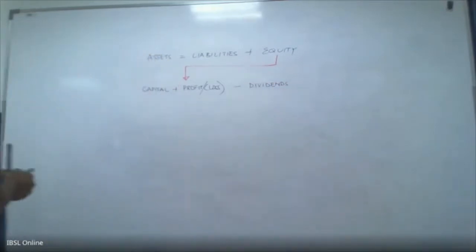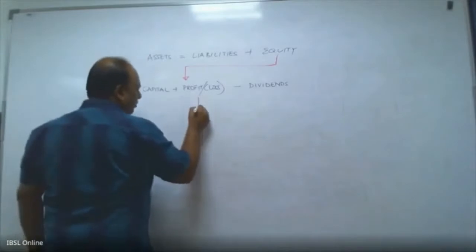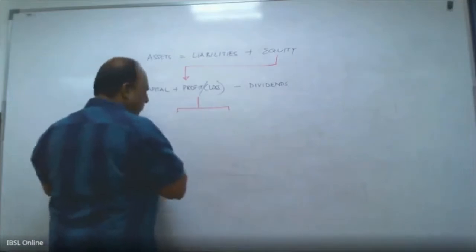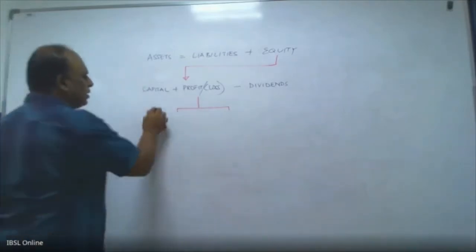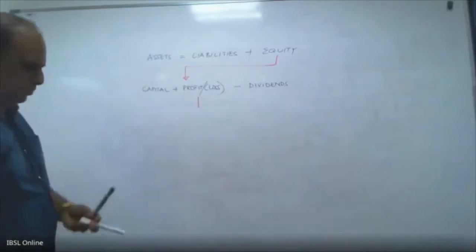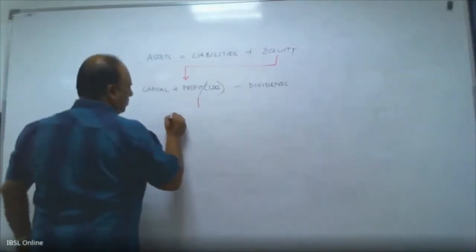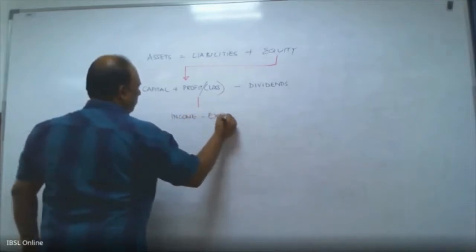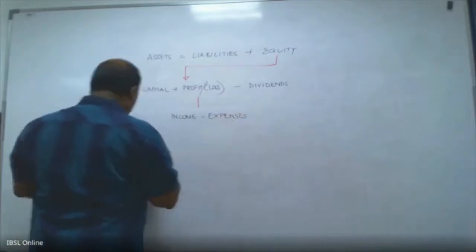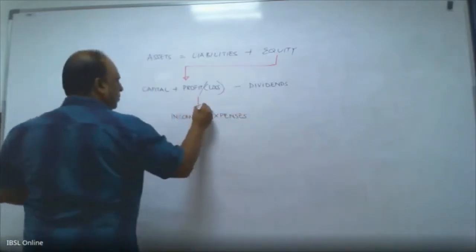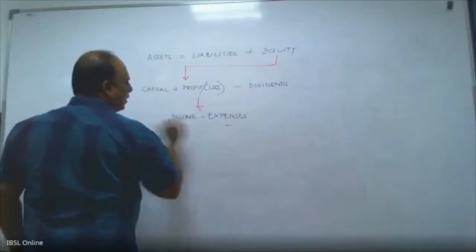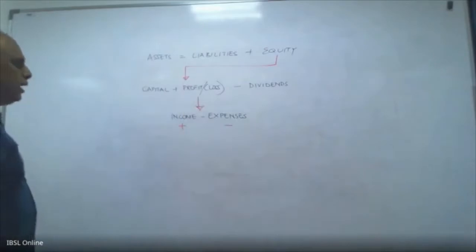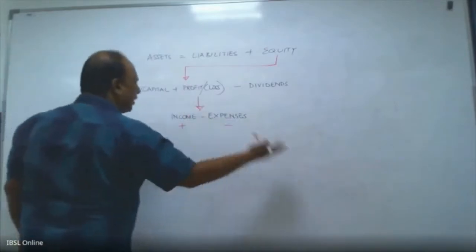Now the component of profit or loss is the result of income minus expenses, right? So this is the positive, this is the negative. Income minus expenses. Income is whatever that you receive, expense is whatever that you pay.